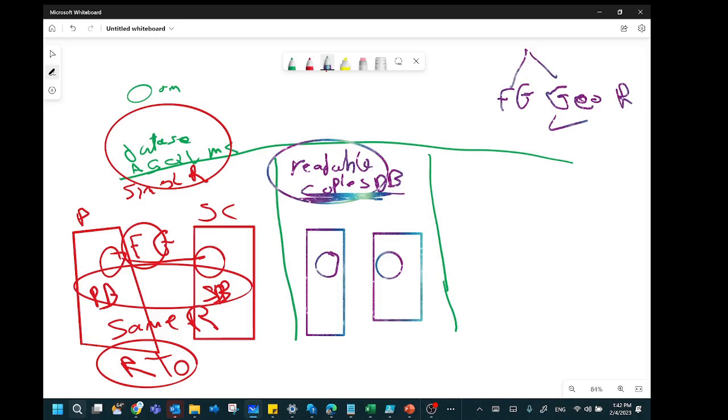Geo replication in Azure SQL allows you to replicate data to multiple regions. Here is a single region, here multiple regions.